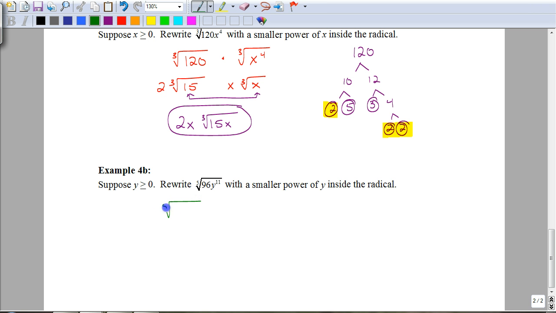Okay, so we have the 5th root of 96 times the 5th root of y to the 11th. So again, with 96, we're going to do a factor tree for that one.